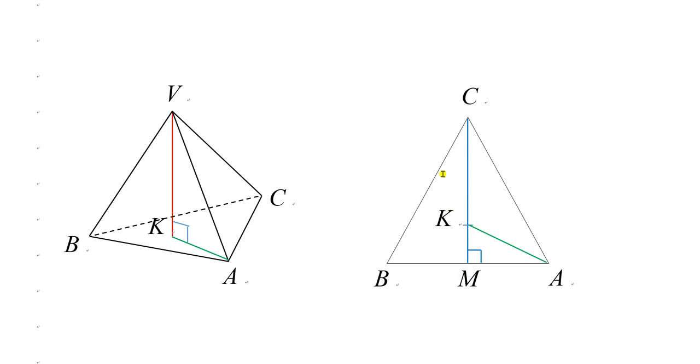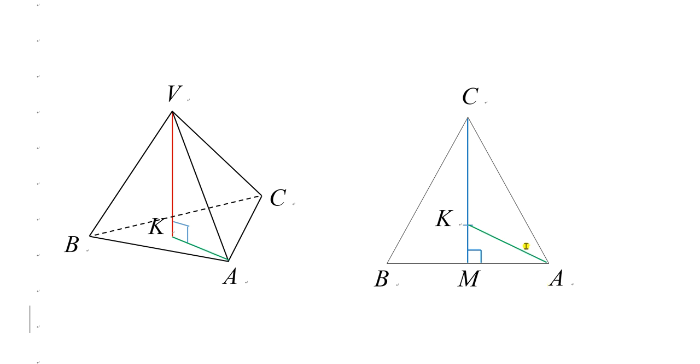There are two methods. First one, ABC is an equilateral triangle. Therefore, K will be the centroid of triangle ABC. So CK to KM will be in ratio 2 to 1, and you can find KM and then use Pythagoras theorem to find AK.